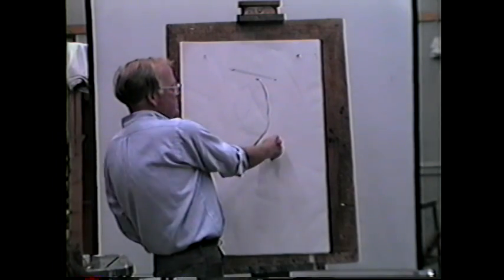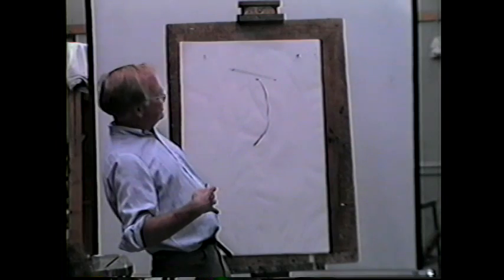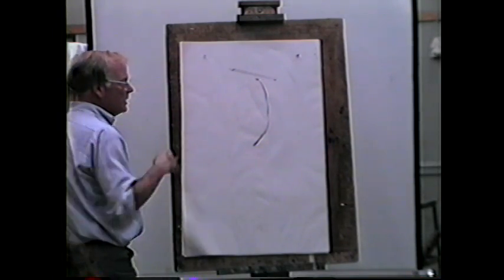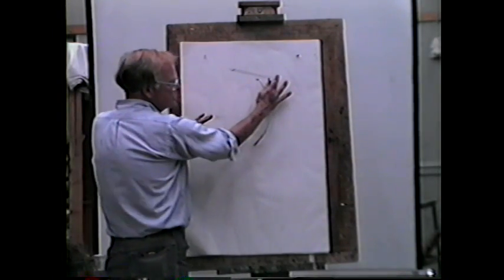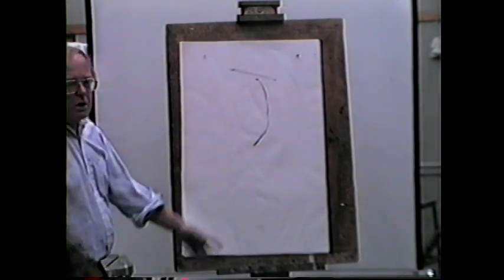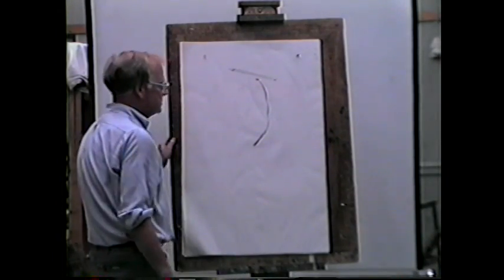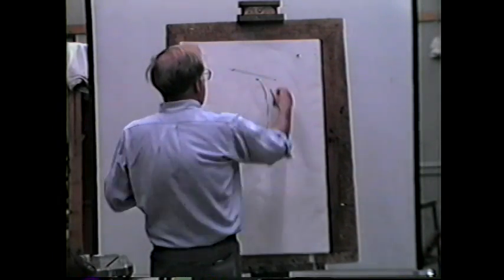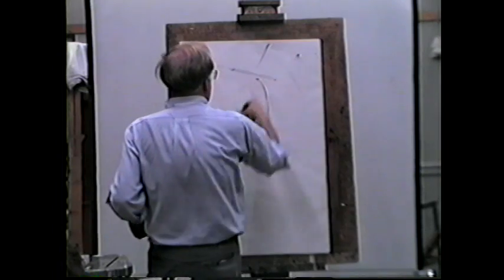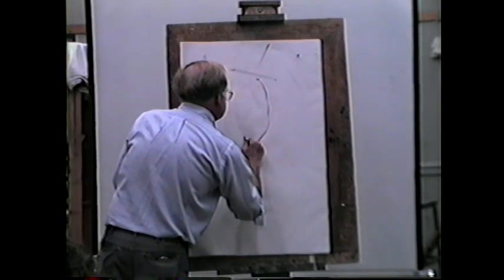If I had drawn this out here a little further, then it would indicate a torso that was doing that. And you know by its relation to this edge the degree of the turn of the figure. You get all that with one line plus the contour of the surface. And still people say, I don't see the center line. Maybe they'll be less reluctant to do it after this.